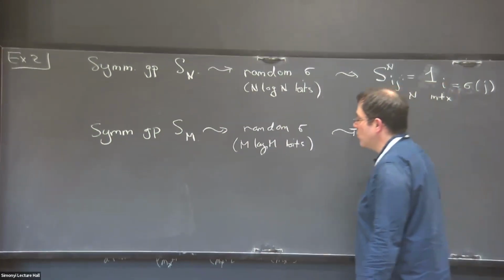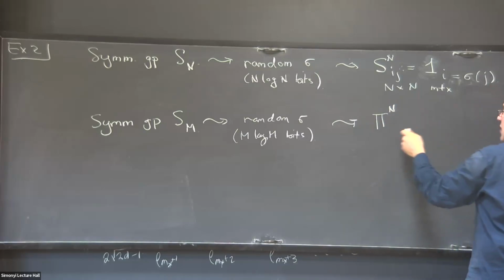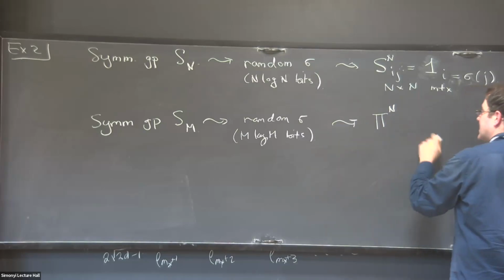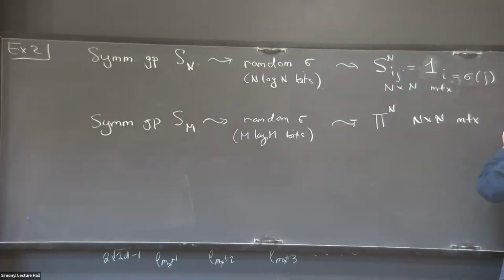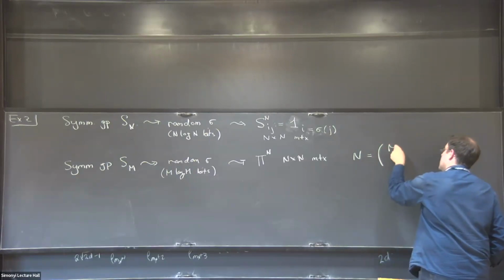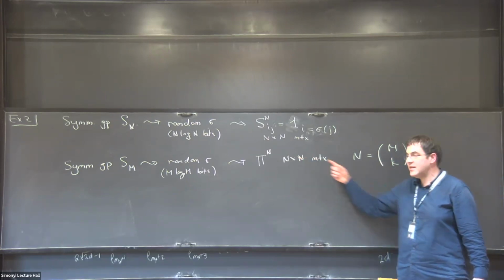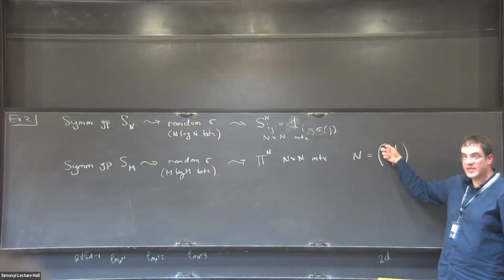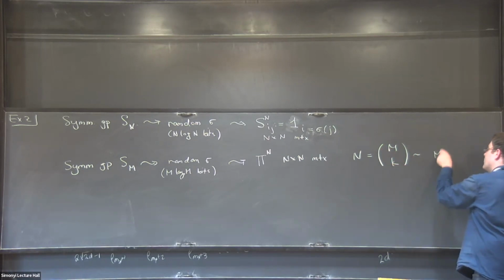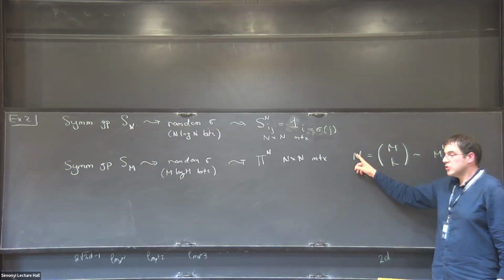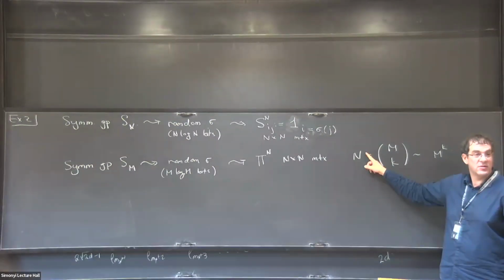What I'm going to do is form a permutation matrix which acts on subsets of {1, ..., m} of size k. So this is an n by n matrix, with n being m choose k. The entries of this matrix are indexed by the subsets of the set 1 through m of size k. So n is about m to the k, which means the number of bits I'm using is about n to the 1 over k, which is much smaller than n. Does that make sense?